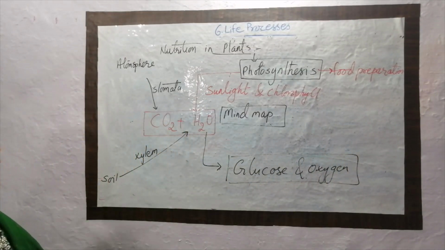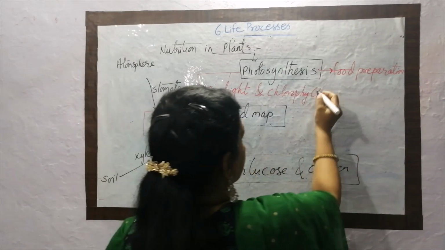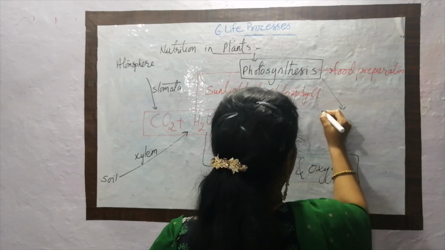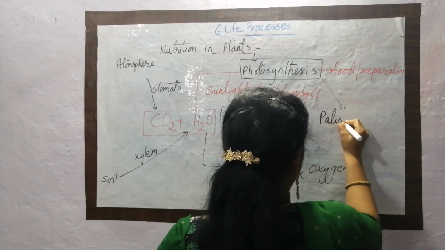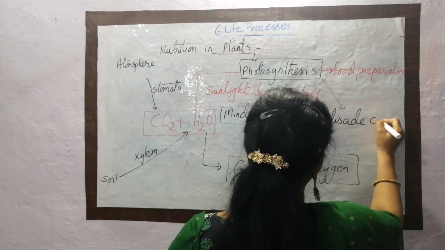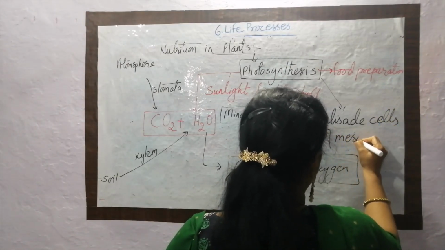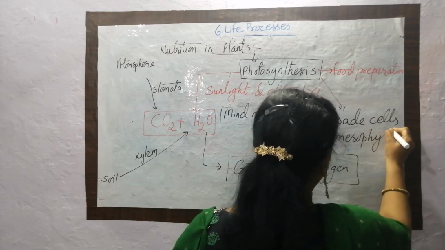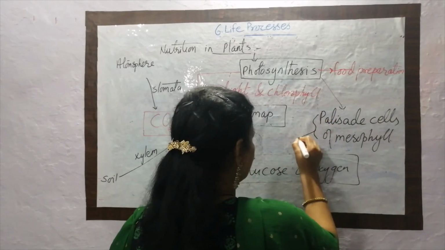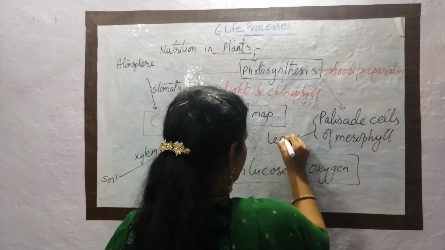This function of photosynthesis is performed in the palisade cells of mesophyll. And where are these palisade cells present? These are present in leaves.